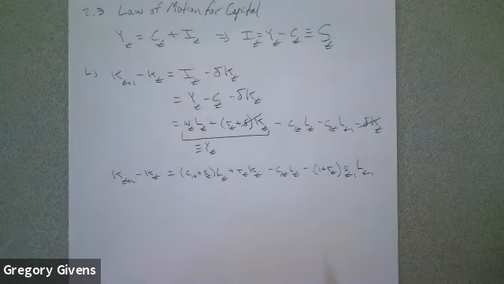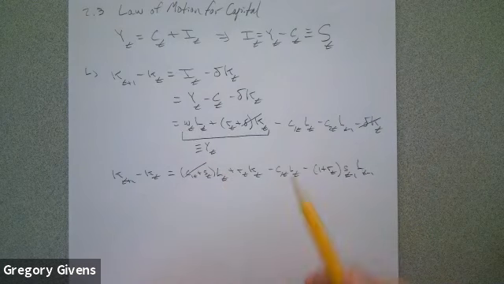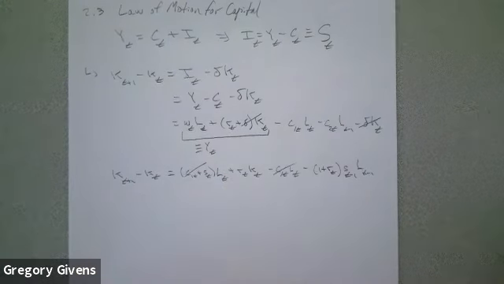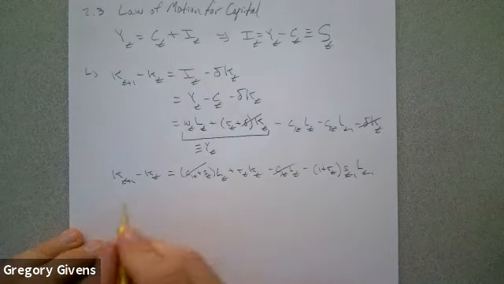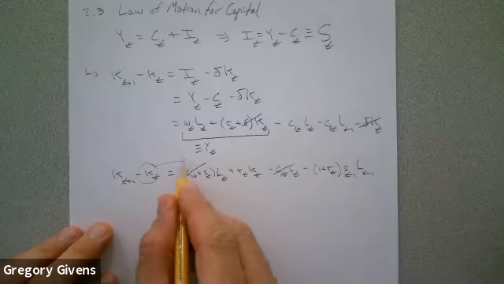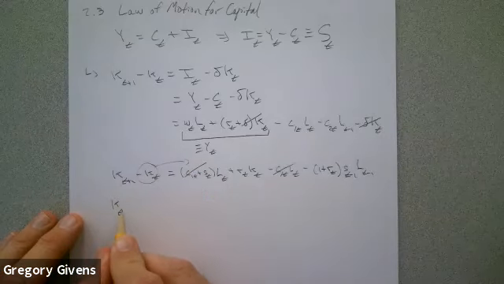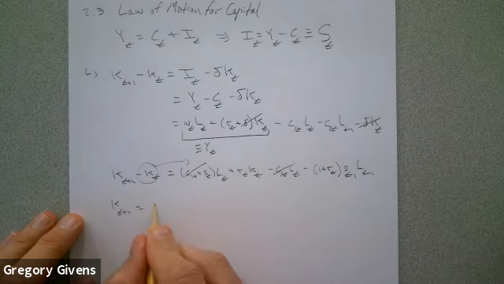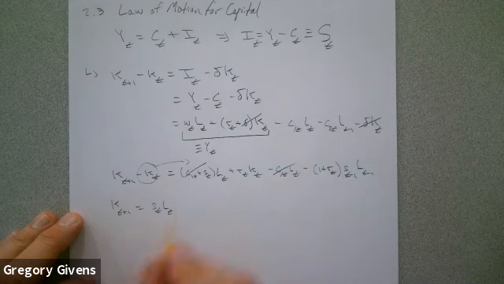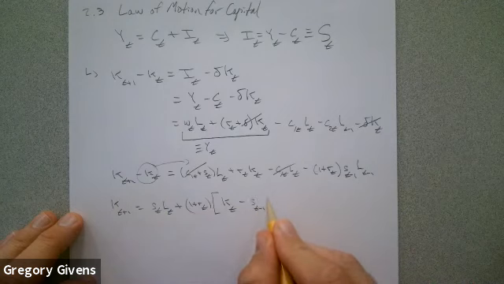A few more things cancel. C1 L_t minus C1 L_t, that's gone. And let me swing this capital over to the right-hand side. So K_{t+1} would just be equal to S_t L_t plus, let's see, 1 plus r_t times K_t minus S_{t-1} L_{t-1}.